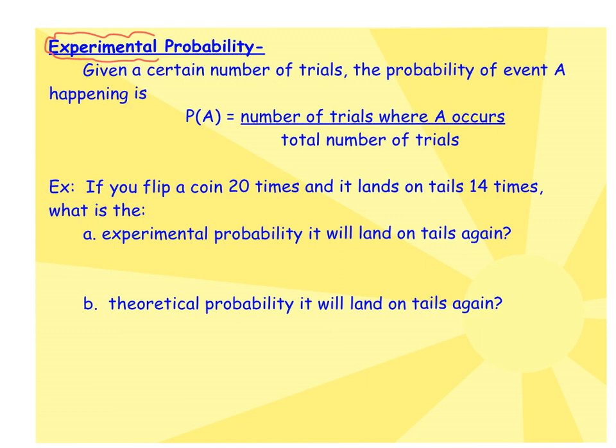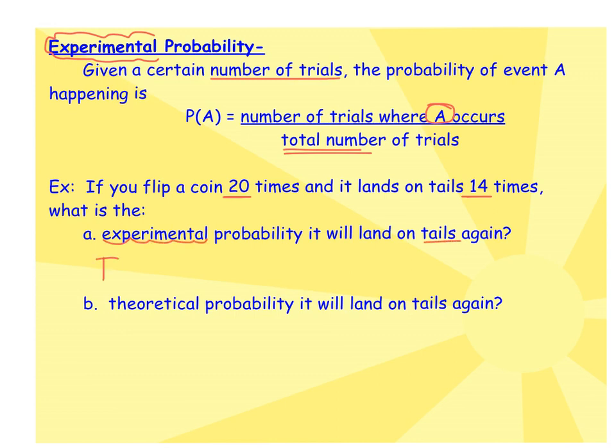So what experimental probability means, given a certain number of trials, like how many times you attempt something, the probability would be the number of times that your event occurs divided by the total number of times you've tried it. So it's almost like a sample space, but it isn't necessarily going to be that something's equally likely. For example, if you flip a coin 20 times and it lands on tails 14 of those 20 times, what is the experimental probability that it will land on tails again?